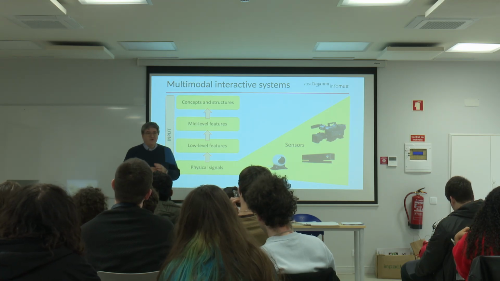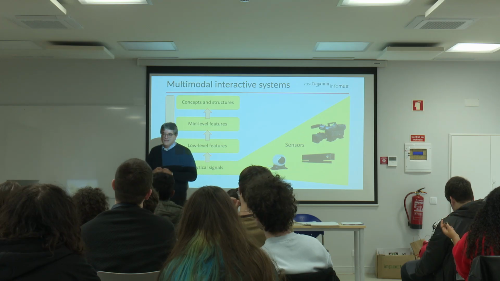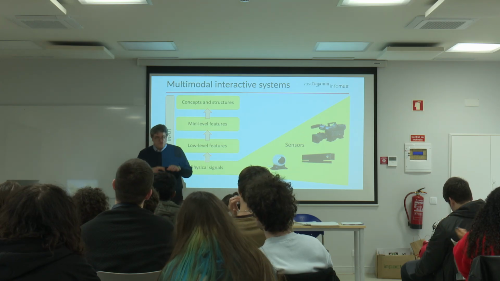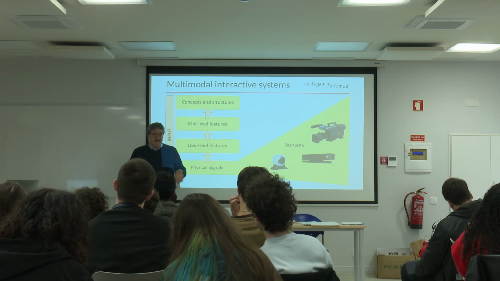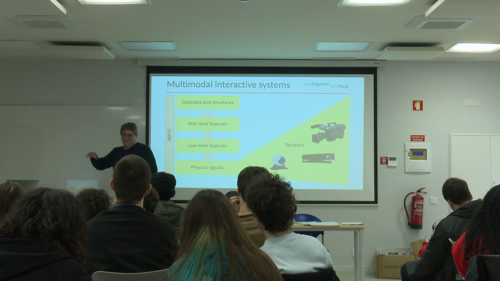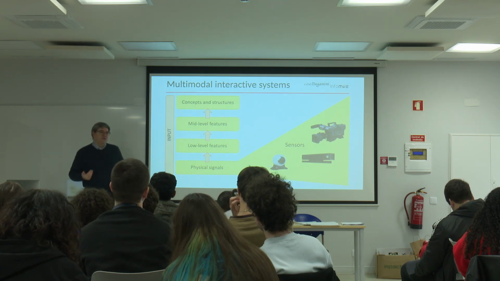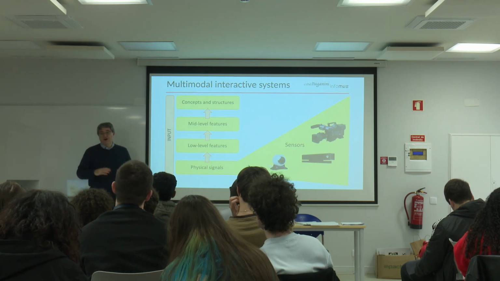And more or less all the big companies have something like that. Google has MediaPipe, and Meta has another one, and so on and so forth. So now you can do the same things with a normal video camera.